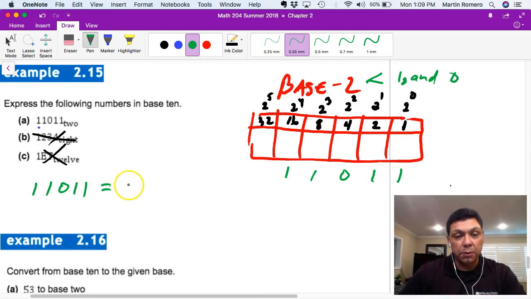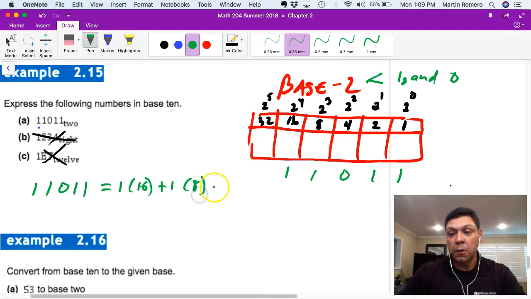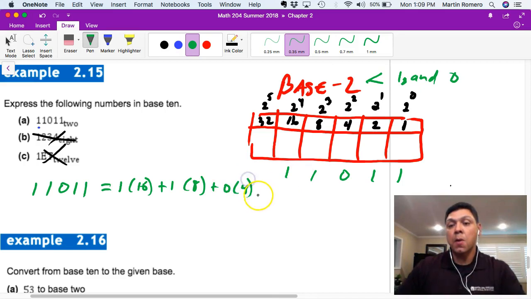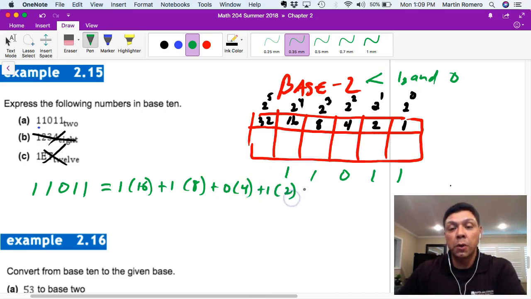It's going to be equal to, put it in its right place, this one. It's 1 group of 16, plus 1 group of an 8, plus 0 groups of 4, plus 1 group of a 2, plus 1 group of a 1, and then we add that up together.